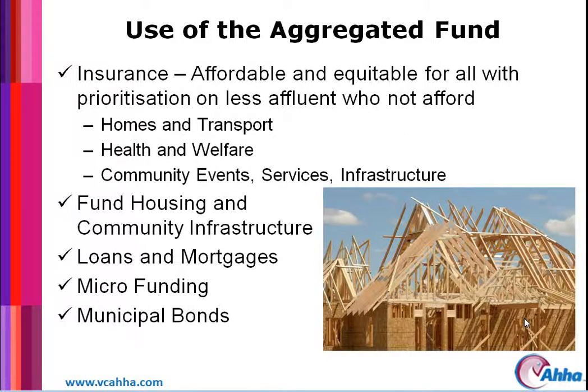We have the aggregated fund. The costs of operation are less. We're not routing the profits on your insurance to the top. The cost is just covering the insurance, and any of the profits are going back into grassroots. So you have a choice of who you want to insure with.